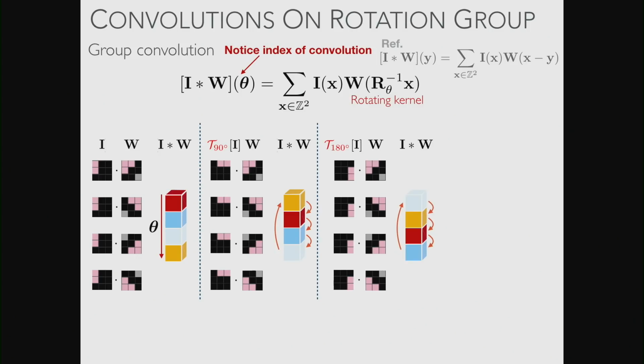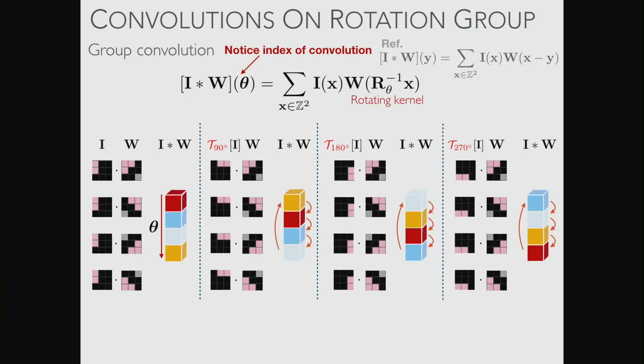And when you keep applying this transformation of 90 degrees, this then shifts down and down and down. So now we have a way to define convolutions over rotation, which is kind of cool. And in the hidden layers, let's probably just go read the paper. It's probably a bit easier to understand what happens in the hidden layers.